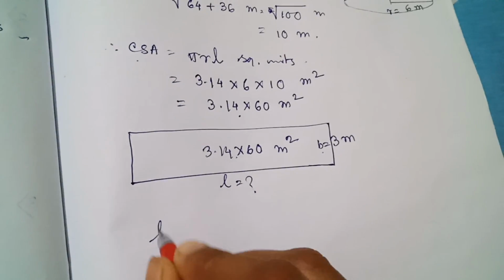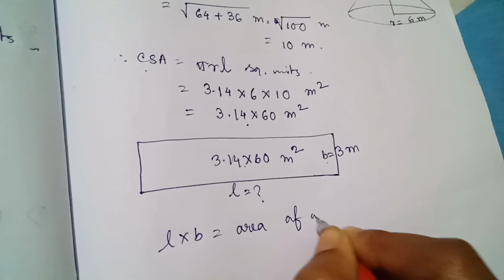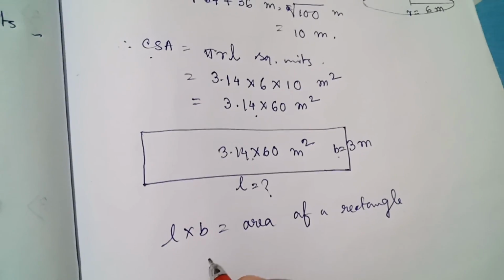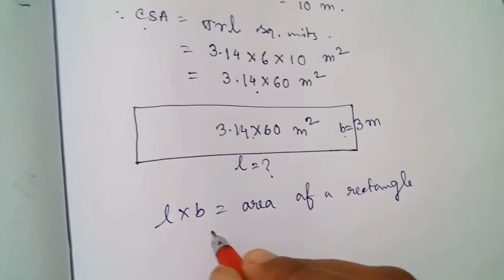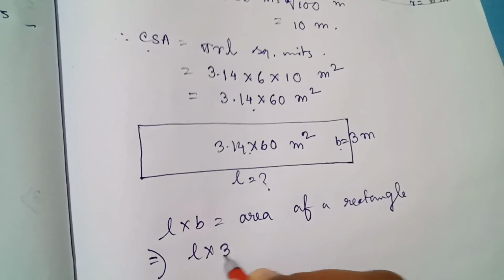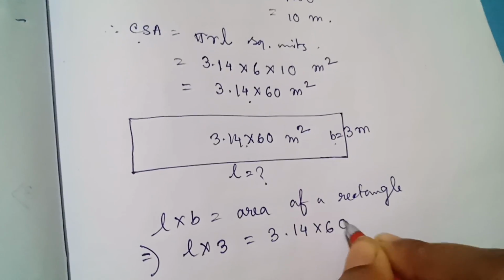So we know that length into breadth equals the area of a rectangle. Here it is the area of the tarpaulin. That means L into B, with B as 3, equals 3.14 into 60.